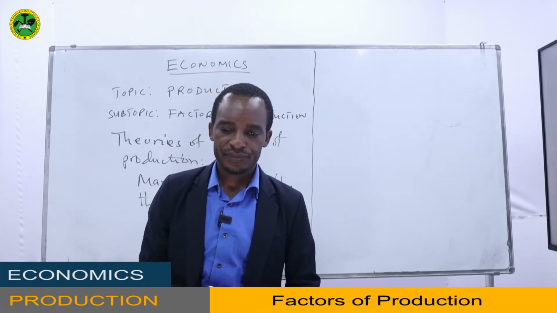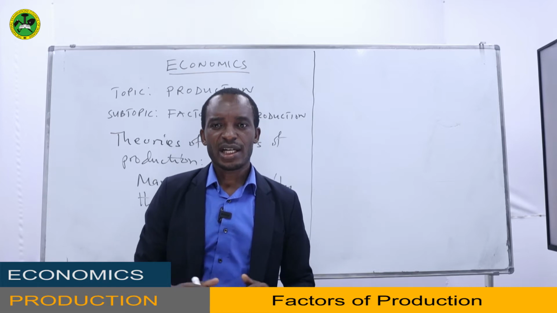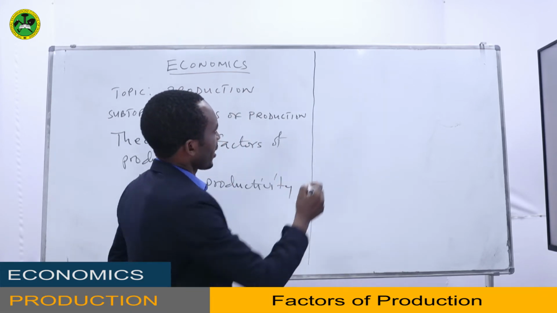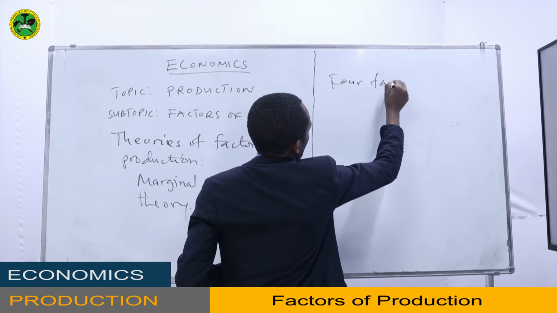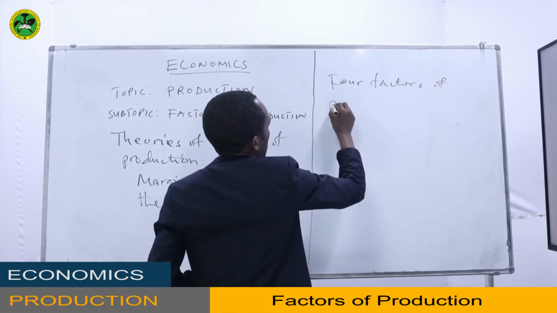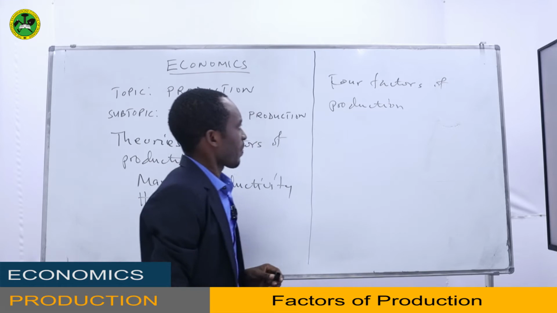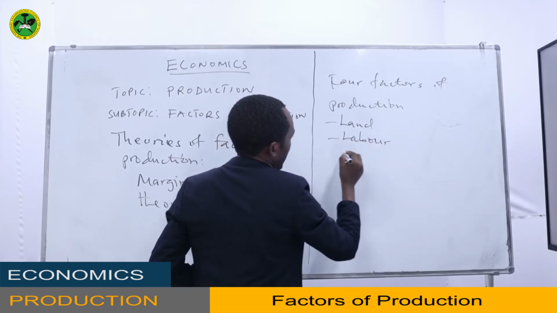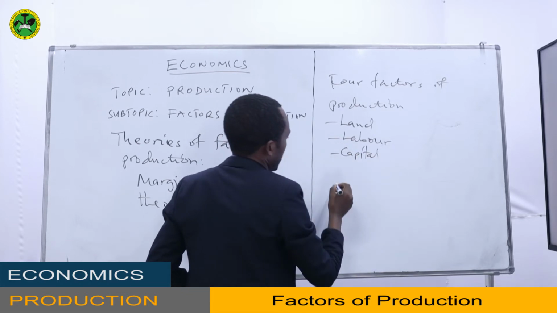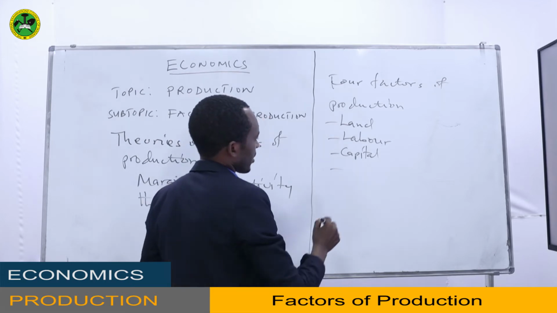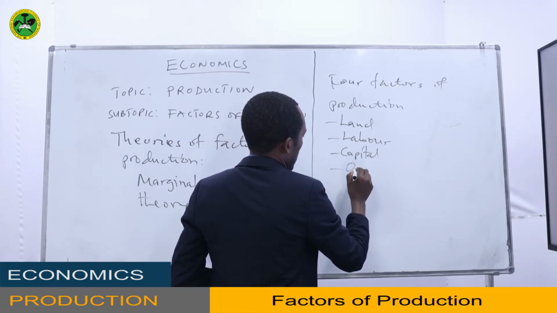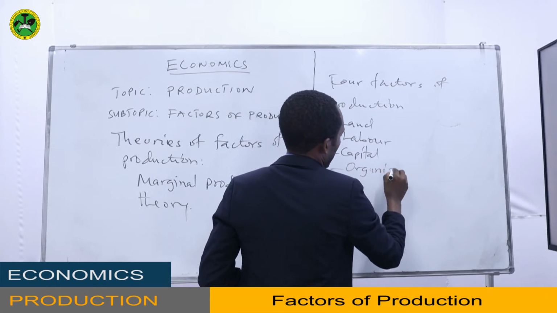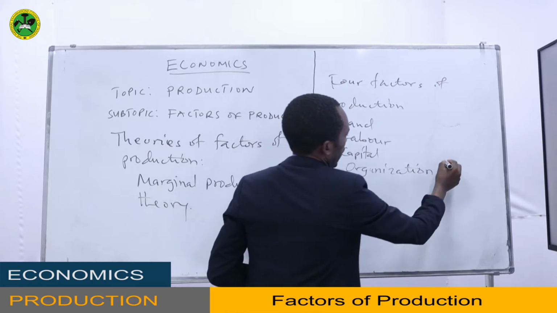theories of factors of production. Now in economics, when we are talking about the theories of factors of production, basically we are talking about four factors of production: land, labor, capital, and organization, or we can say entrepreneurship.